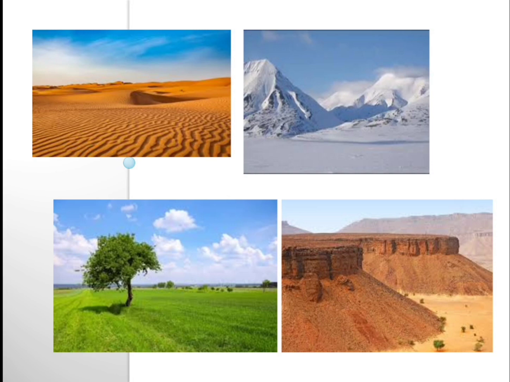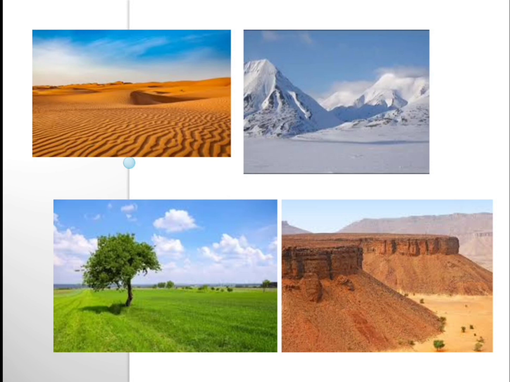Hills are a little up, whereas the mountains are very high. But these plains are flat lands. And these plains are very fertile. They are very good for agriculture, that is, to grow crops or plants.